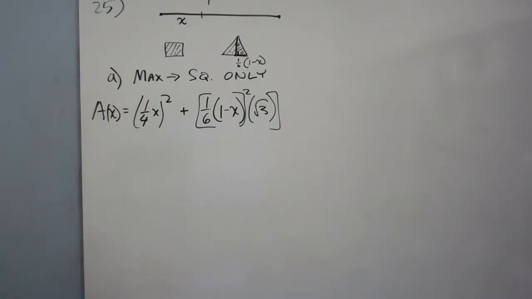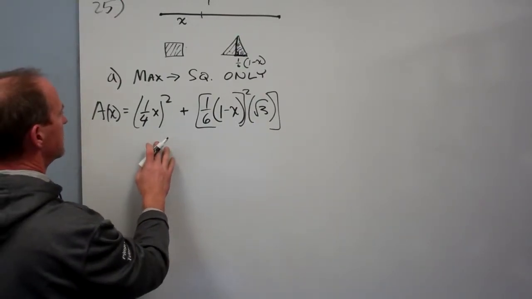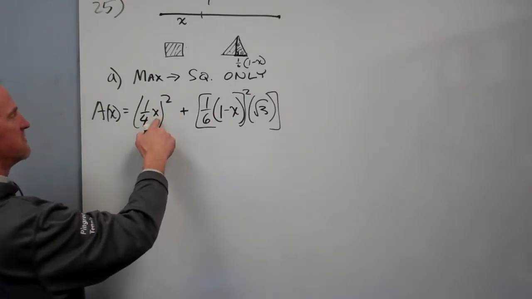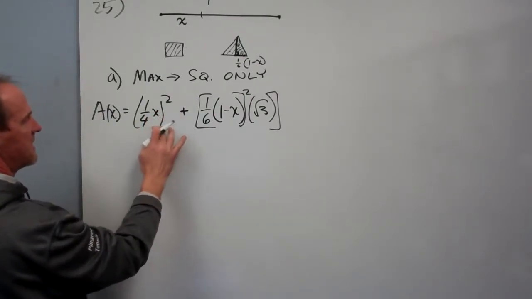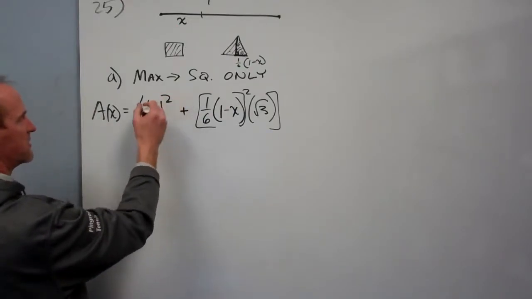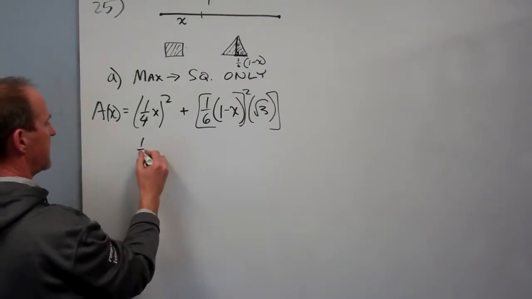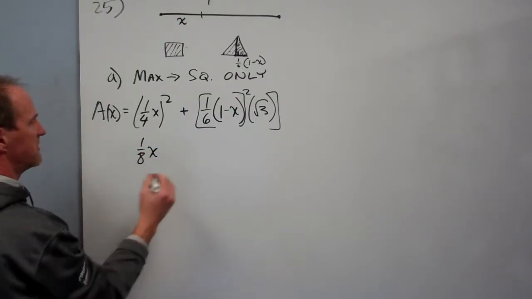Now I'm going to take the derivative of that. I can just tidy it up a little bit. When I take the derivative of this, it's just going to be 1/16 x squared. When I bring the 2 out front, that's going to be 2/16 x. So that's 1/8 x when I take that derivative.